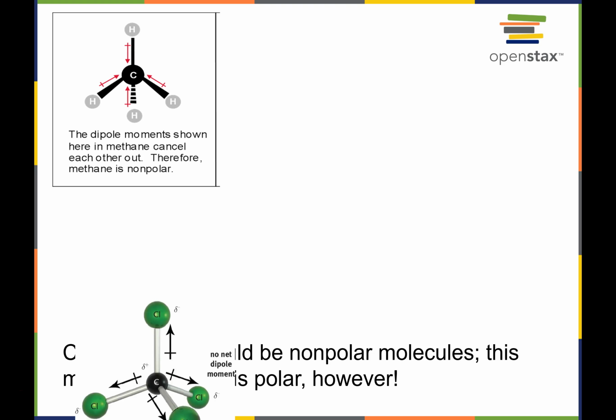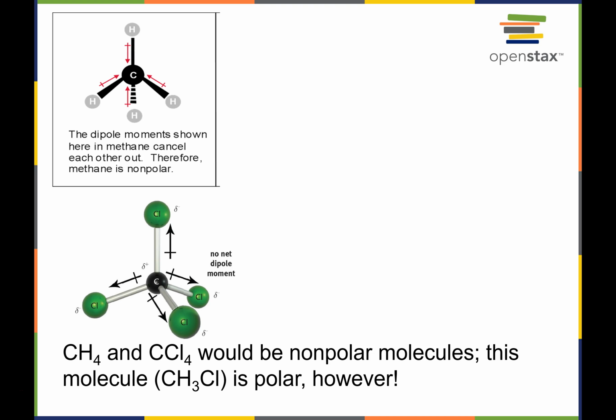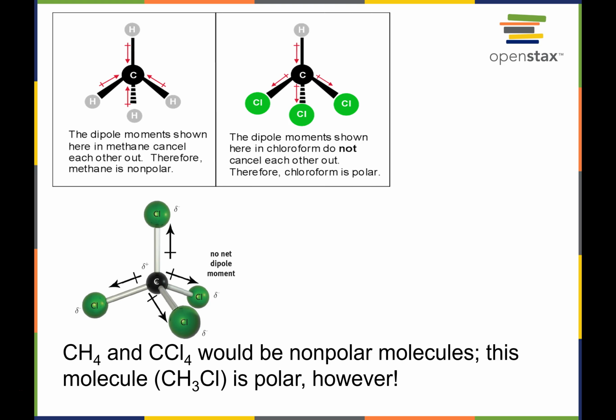So the centers coincide, so methane is non-polar. Now, we're going from CH4 to CCl4, also non-polar. But if we swap one thing out for something different, in this case we have 3 chlorines and 1 hydrogen, that changes it up. It may look similar, but the regions of negativeness and positiveness do not coincide.